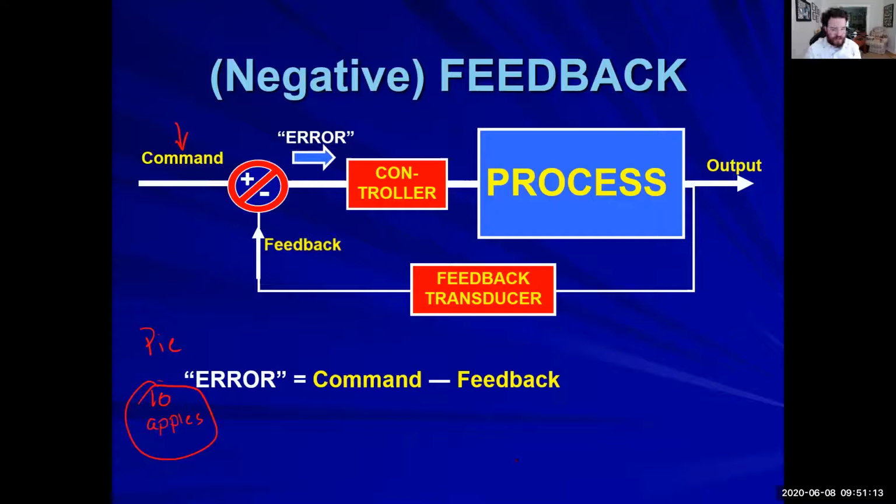So if your process is grabbing one apple, let's do this. Your command is going to be 10 apples. Your process is one apple, and it's going to be minus your feedback. Your feedback is how many you have at that point after you complete your process.